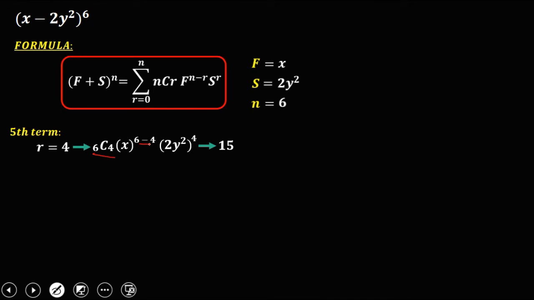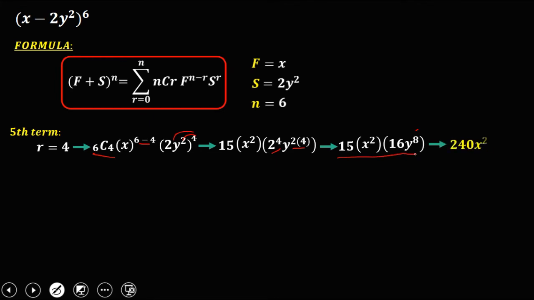Then 6 minus 4 is 2. Distribute the exponent, so 2 to the power 4, y squared times 4. Then simplify, so 2 to the power 4 is 16, and 2 times 4 is 8. Then you multiply, so 15 times 16 is 240x squared y to the power 8.